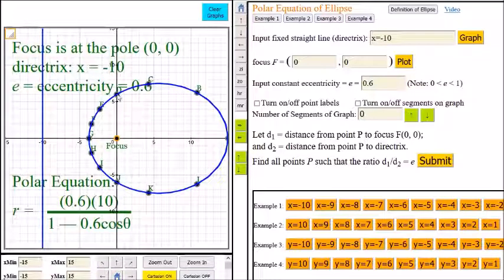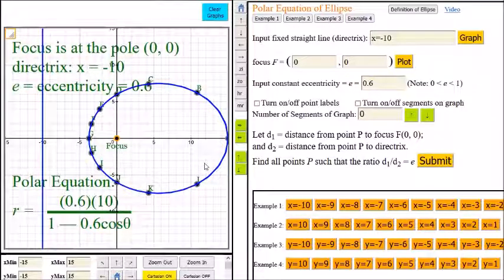So we take this point, then the distance from point to focus divided by the distance from point to directrix must equal 0.6. Same thing here, if we take this point. That's how the points on the ellipse are generated: if a point is on the ellipse, then the distance from point to focus divided by the distance from point to directrix must be the eccentricity of 0.6.